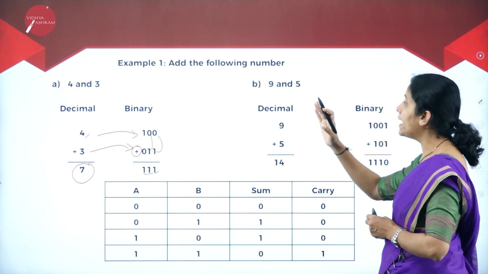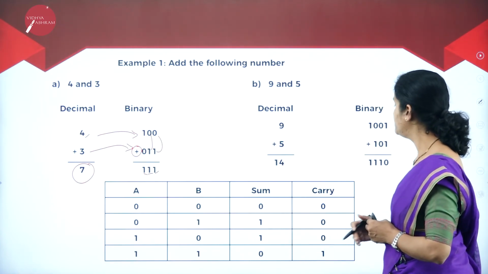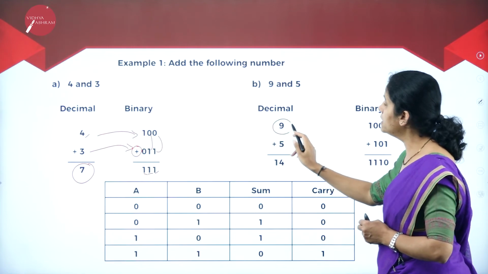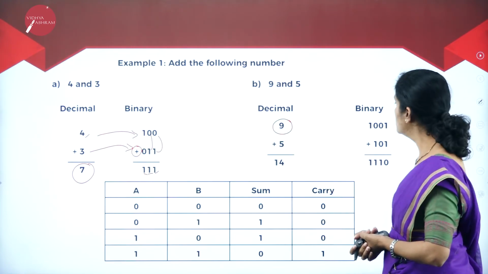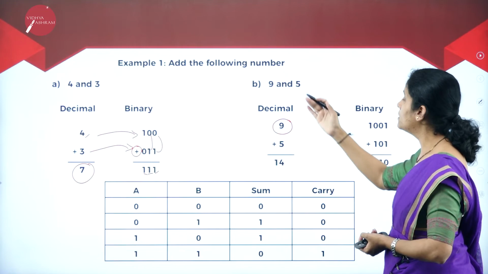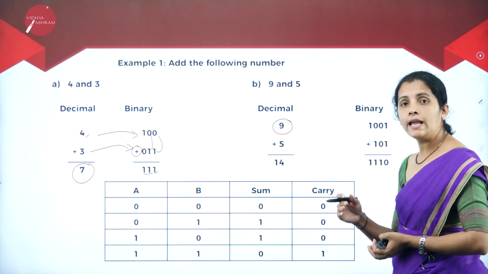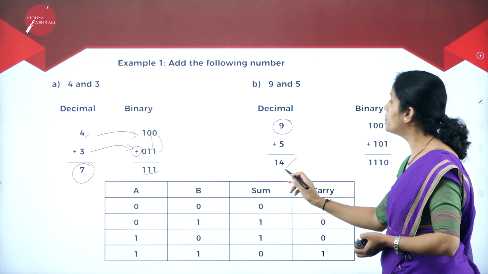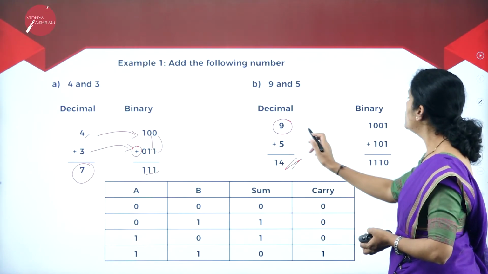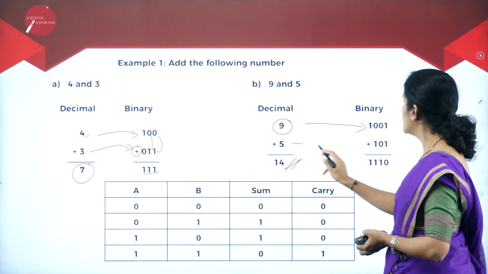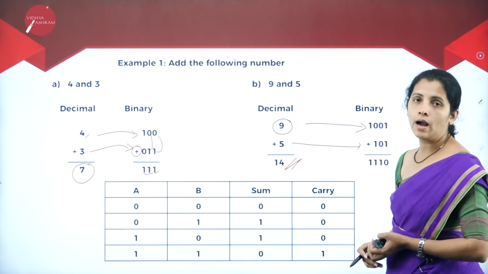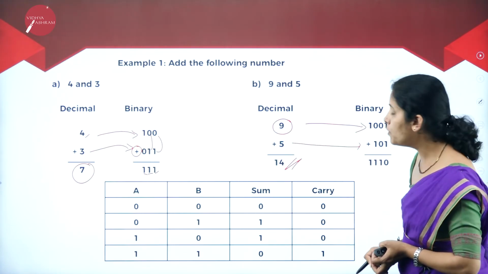Now consider another example here. So I am having decimal numbers 5 and 9. So at the beginning I am having 9 and I am having 5. 9 plus 5, it is 14. Now I am going to write the binary equivalent. Now I am going to perform the addition operation.